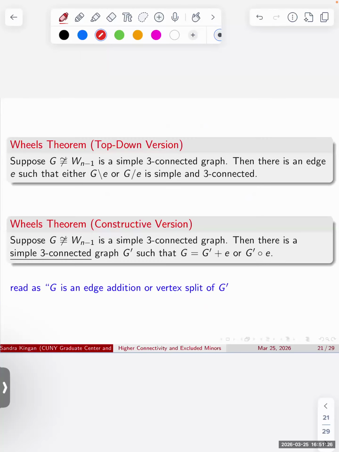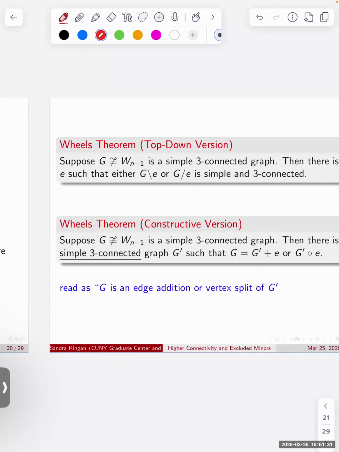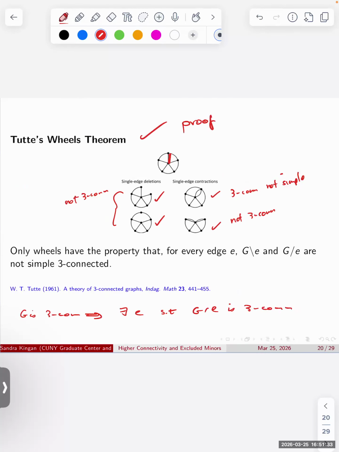It says that wheels are the only ones with the property that G delete E is not 3-connected and G contract E is not simple 3-connected. All right, so wheels are really, really special. And it's saying a lot more than this result here, which we got from all those other results previously.